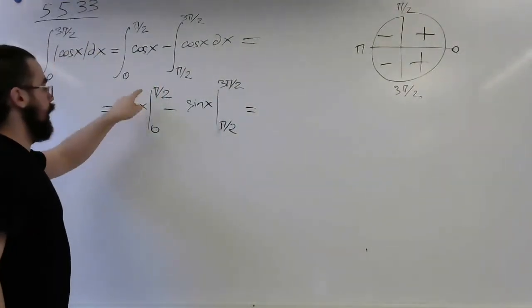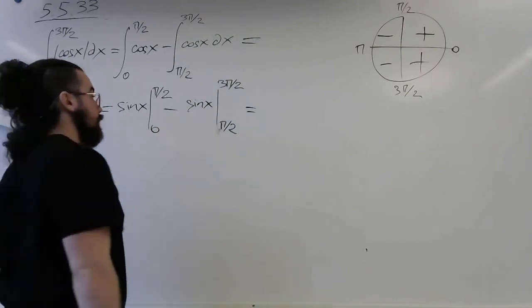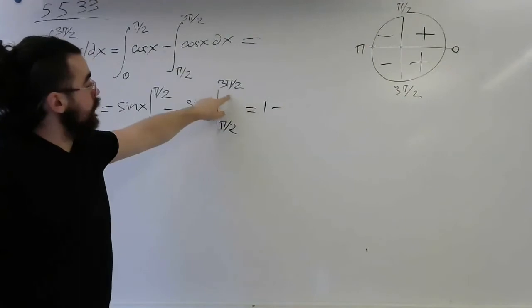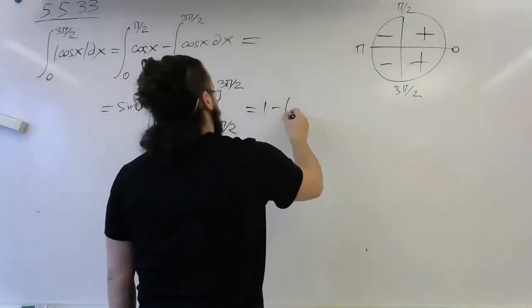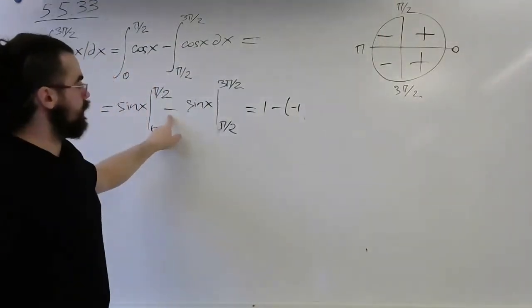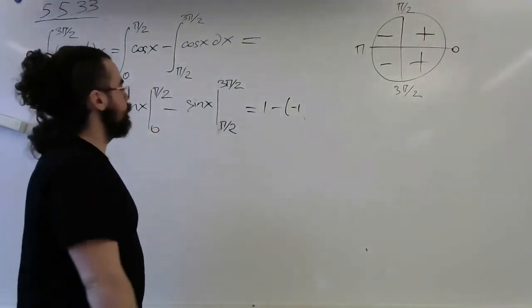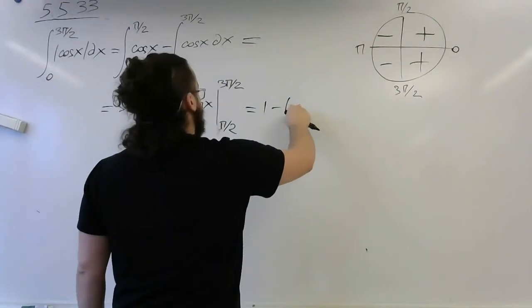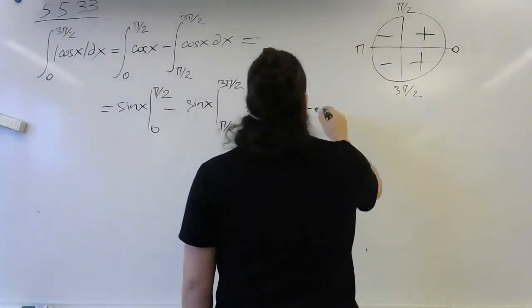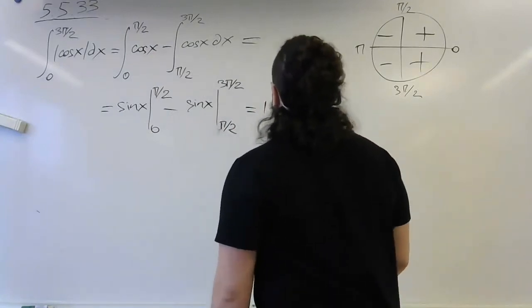Sine of pi halves, 1, minus sine of 0, still 1, minus sine of 3 pi halves, minus 1, minus with this minus plus sine of pi half, which is 1. Sorry, this minus was here.